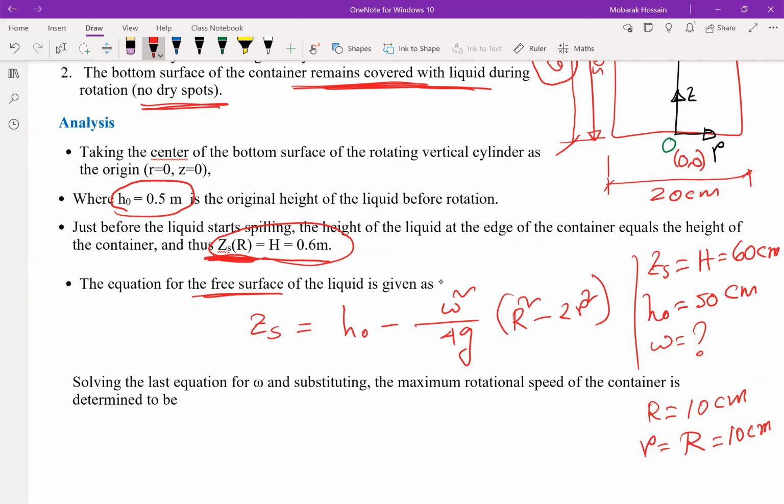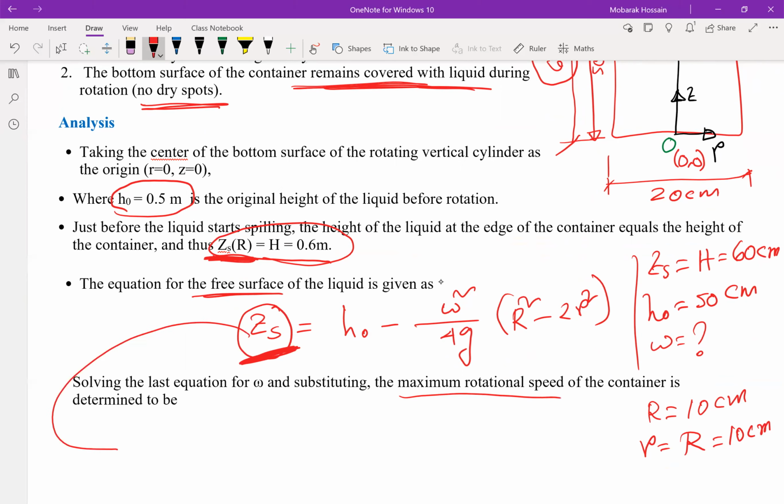Now we have almost all of them, only the angular velocity is unknown. If we solve this equation for angular velocity, we'll get the maximum rotational speed, because we consider zs as the maximum height of 60. At this speed the free surface at the wall will be the same as the cylinder wall. If you increase the speed more, it will start spilling.